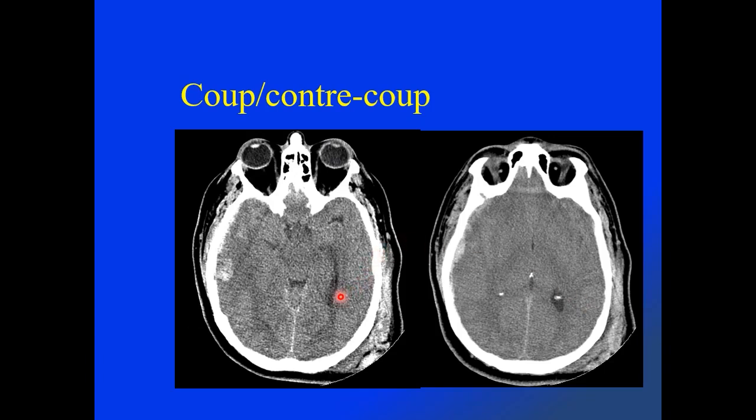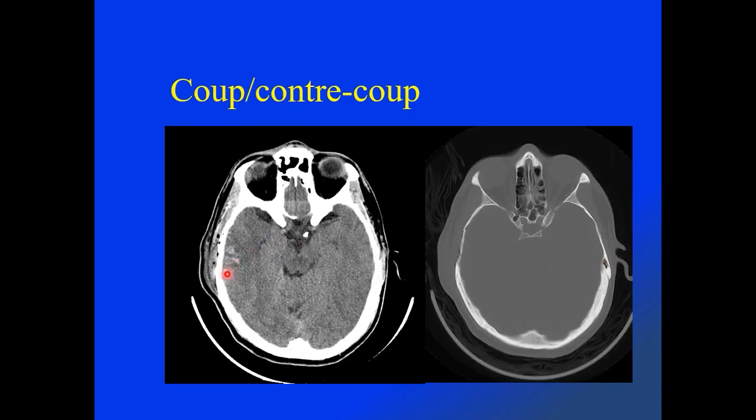This is another patient who demonstrates a phenomenon known as a coup contra coup injury, where there was injury to one side of the head followed by injury to the contralateral side. And we see areas of some parenchymal hemorrhages, small extraaxial hemorrhages along the lateral convexity of the temporal lobe, with a large area of scalp edema and hematoma on the contralateral side.